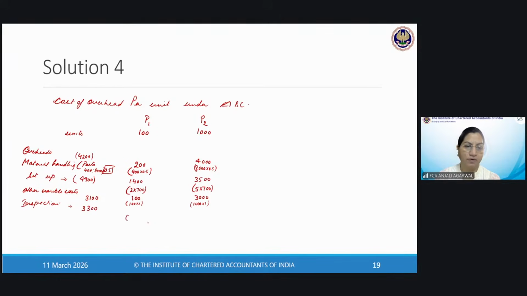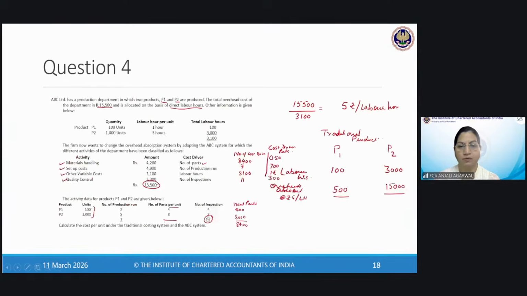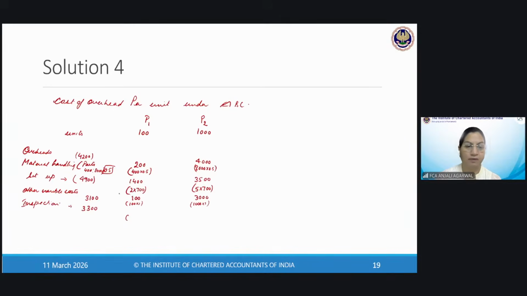And the cost driver was number of times the inspection was done, 4 and 7, 11. And the rate comes out to be 300. 4 into 300, 1,200. And 7 into 300, 2,100.